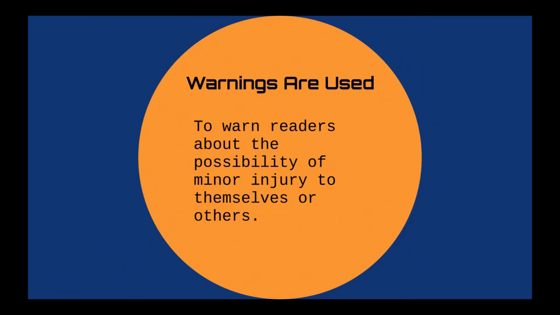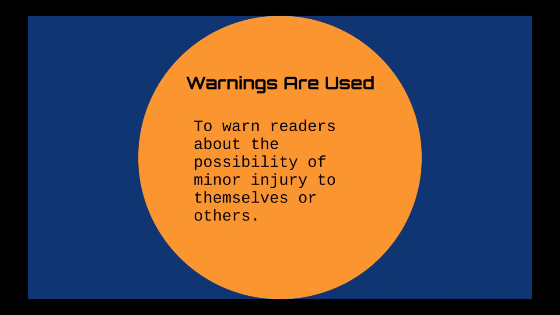Warnings are used to warn readers about the possibility of minor injury to themselves or others. You notice we moved from the instructions themselves to the equipment and machinery, damage to the equipment or machinery, and from that we moved to human damage, where there can be human injury, minor injury to themselves or to others.